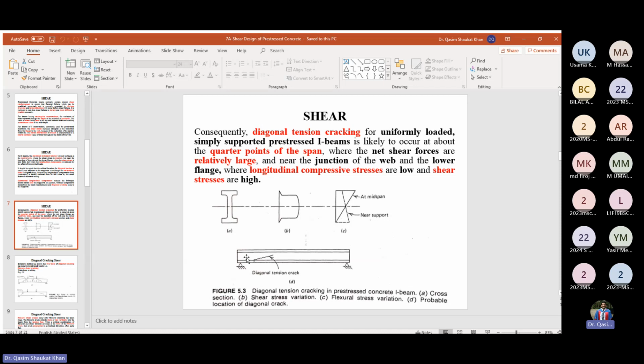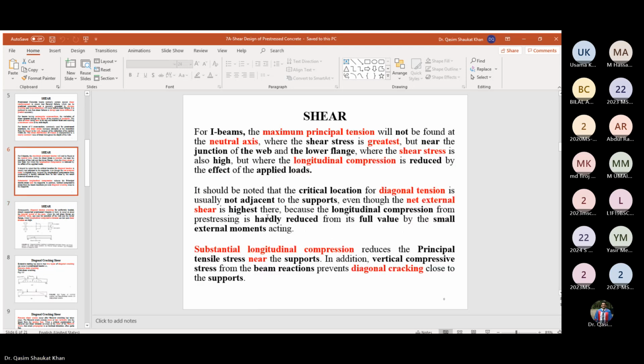So tensile stresses are very small at the bottom and compressive stresses are very large, because the longitudinal compression from prestressing is hardly reduced from its full value by the small external moments acting. Okay. So near the supports, the compression due to the prestressing is very large, and the tension in the prestressed concrete due to the applied service loads is very small.